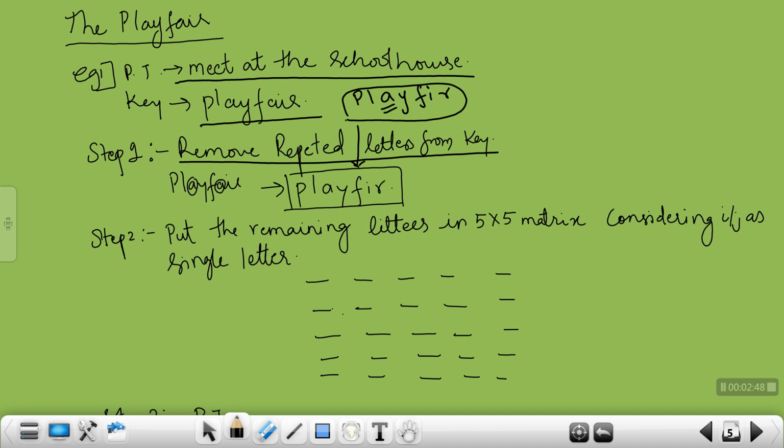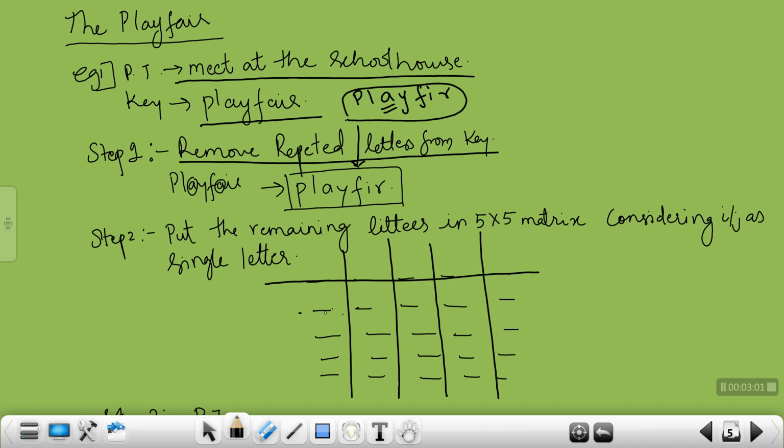Step number 2. In step number 2, we have to make a 5 by 5 matrix and insert these key letters along with the remaining letters in this matrix. Let's see what will come over here.